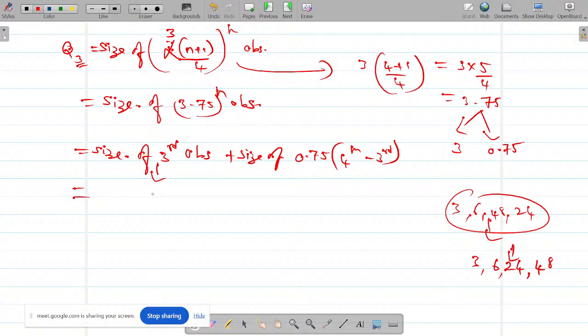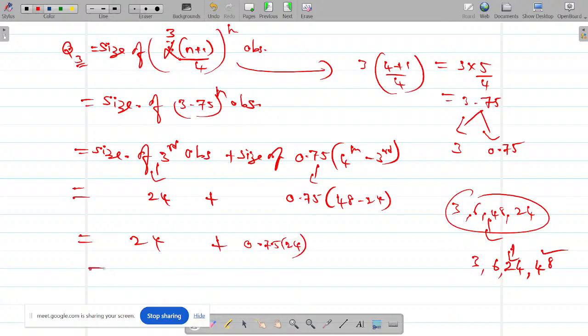So what is the size of third observation? 24 plus 0.75 of fourth observation, 48 minus 24. Is it okay? Now it's very clear, right? Then 24 plus this value. 0.75 of 24 is 18, I think. So plus 18.